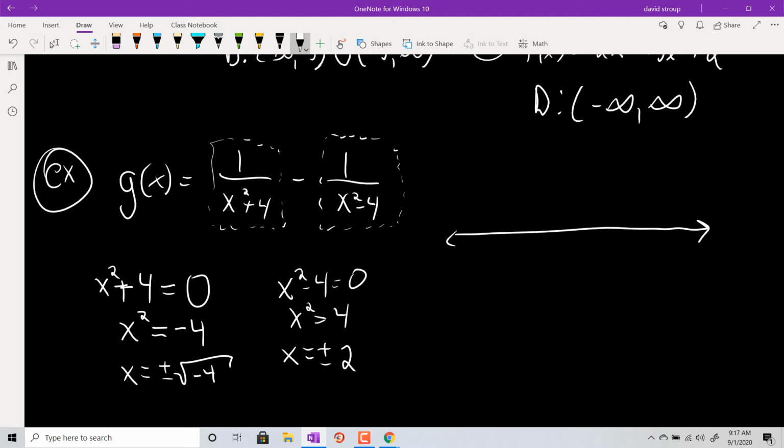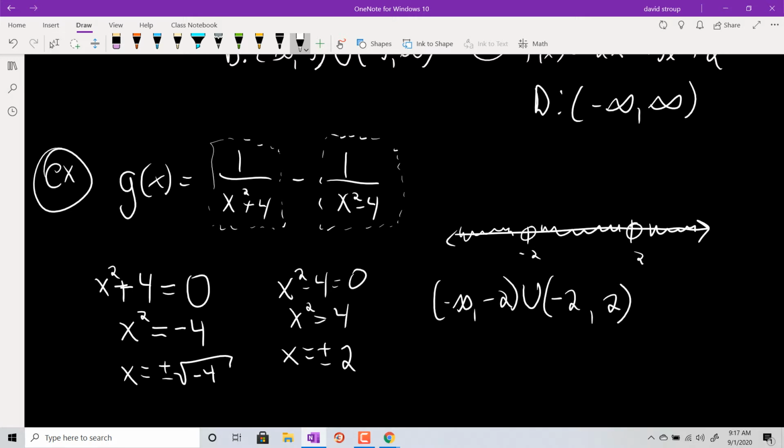On the number line, if you wish, you could put an open dot at negative 2 and an open dot at 2, and everything else is filled in. So we're going from negative infinity to negative 2, union negative 2 to 2, so that's that middle part, and then union 2 to infinity. Okay, and that's your domain.